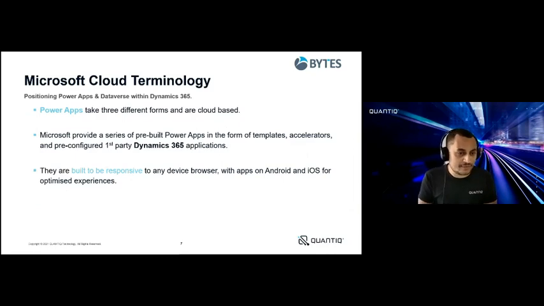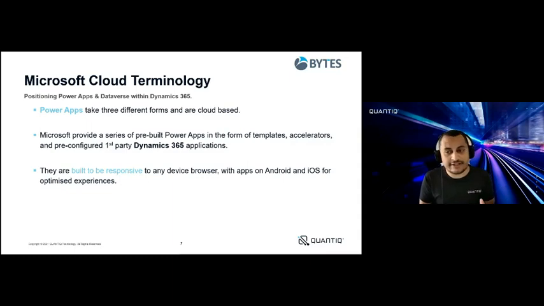When you actually log into your Microsoft Cloud tenant and you're looking at the Power Platform and Dynamics 365, what you'll see is that Microsoft provide a series of templates, accelerators, and also pre-configured Dynamics 365 applications. Depending on which type you're choosing will depend on how much is given to you and how much will need to be implemented by you or by a partner. Templates are normally to give you the idea, but actually you need to configure the whole thing yourself.